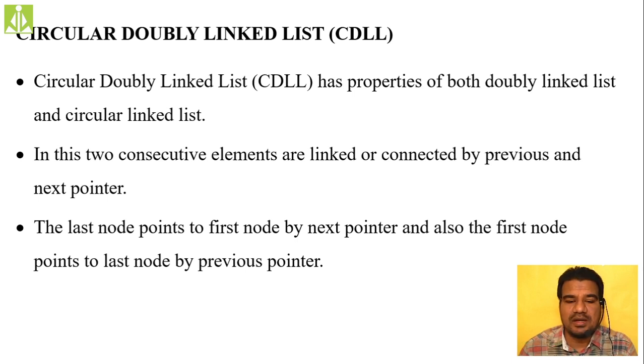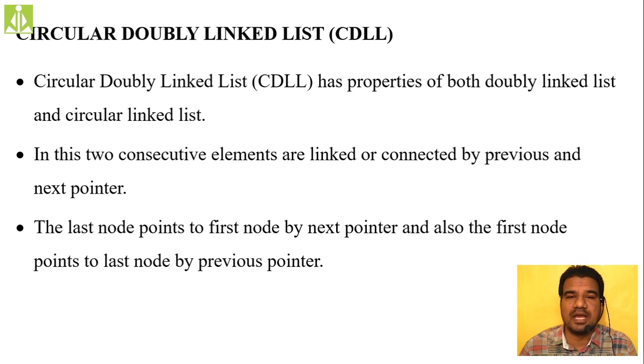So a circular doubly linked list has properties of both a doubly linked list and a circular linked list, isn't it? To be a doubly linked list, it is going to have pointers in both directions. And to be a circular linked list, it is going to have the links in a circular fashion.